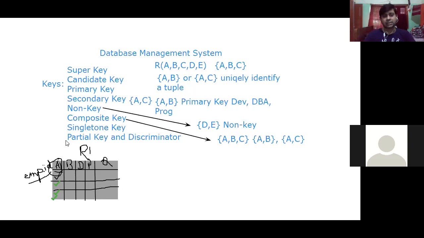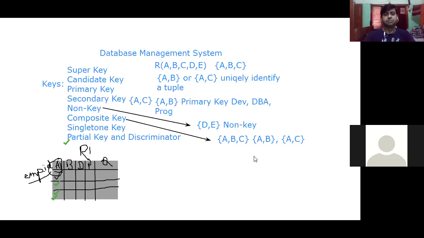And now the last point is the partial key. Partial key means part of a key. Now if the key can be divided into parts, then only it can have partial keys. Let's say the super key ABC can be divided into parts. The candidate key AB can be divided into two parts. The candidate key AC can also be divided into two parts.